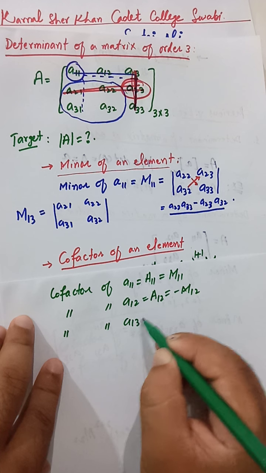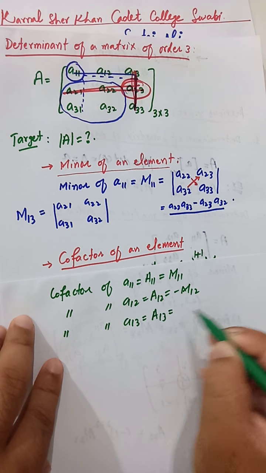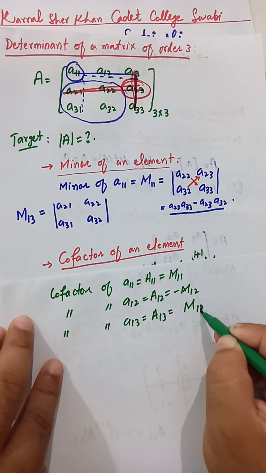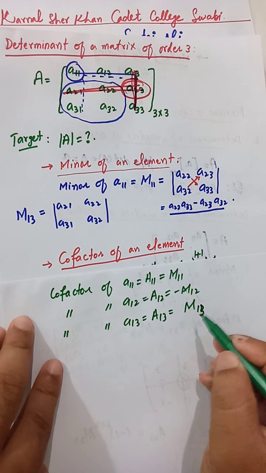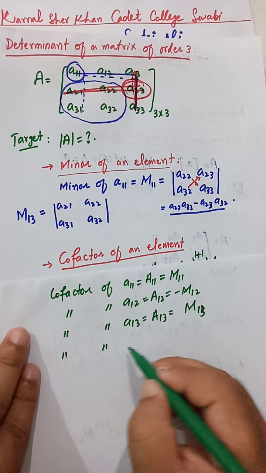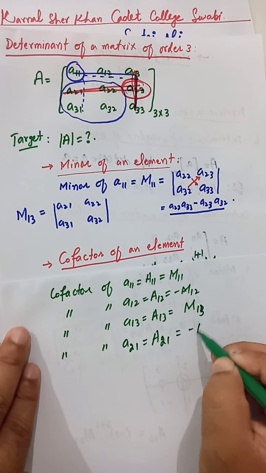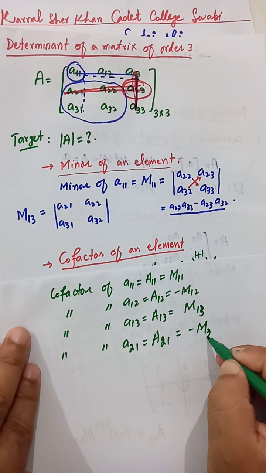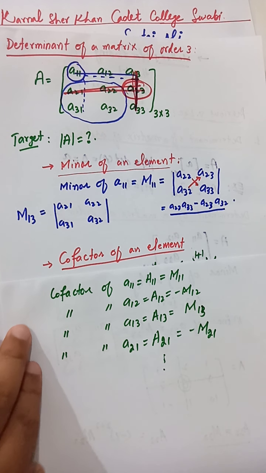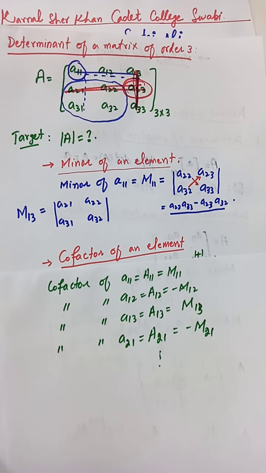The cofactor of A13 will be denoted by A13 and will be equal to plus M13. The cofactor of A21 will be denoted by A21 and will be equal to minus M21, and so on. So these are the definitions of cofactor and minor.